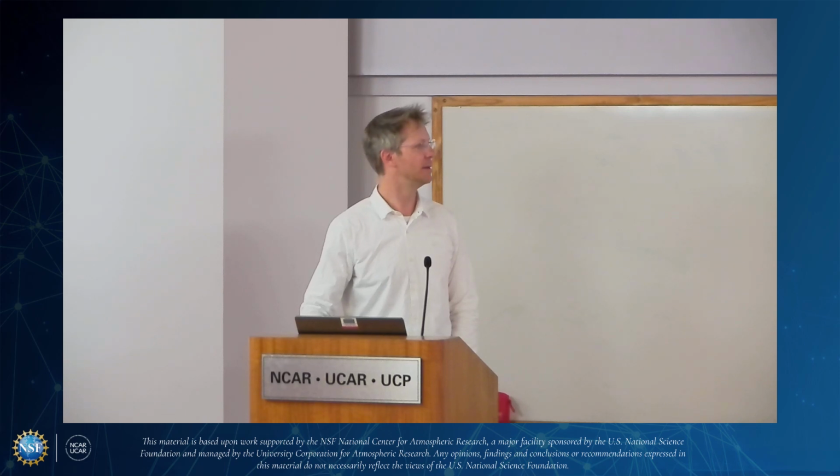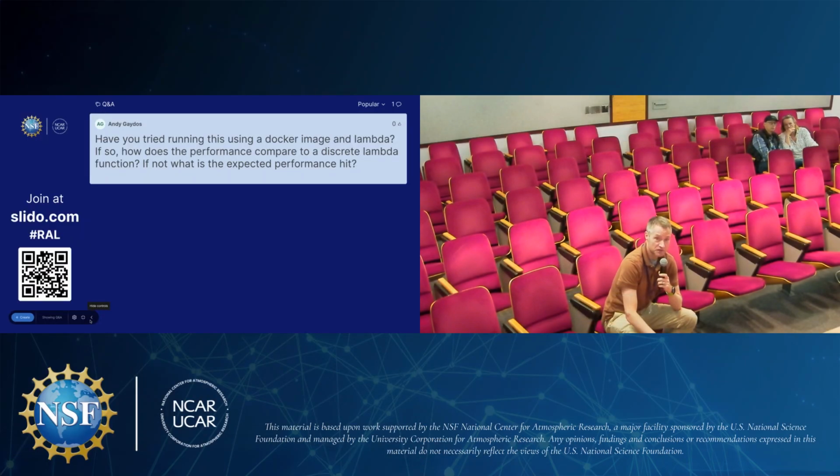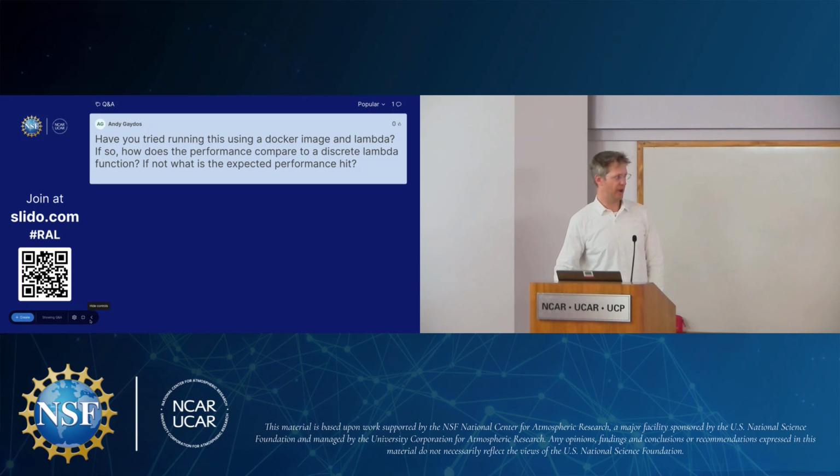We also have a question online by Andy Gatos. Have you tried running this using a Docker image in Lambda? If so, how does the performance compare to a discrete Lambda function? If not, what is the expected performance hit? I have not tried deploying this in a Docker container in AWS. I have run it in a Docker container on my laptop.